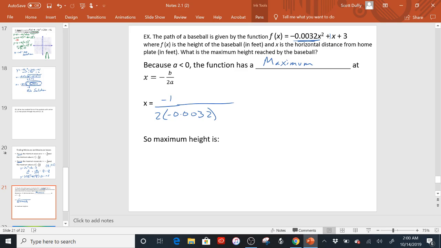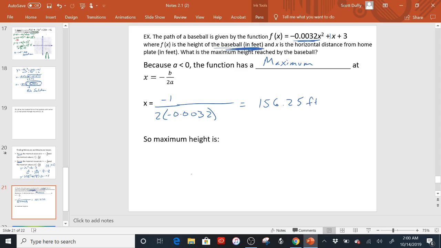Let's plug that into the calculator, see what we get. And when we plug it in, we get 156.25. And that would be in feet.